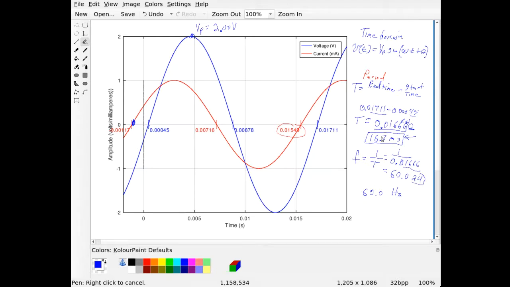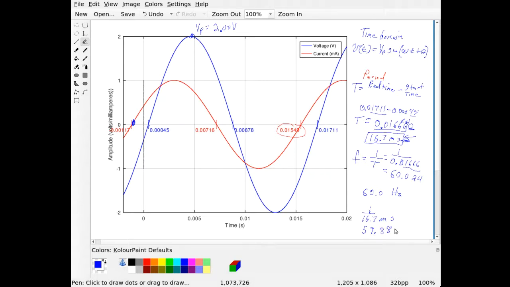But you see this round off. Now, if I take the 16.7 milliseconds, if we use the value in the box, 1 over 16.7 milliseconds, the answer I would actually get is 59.88.